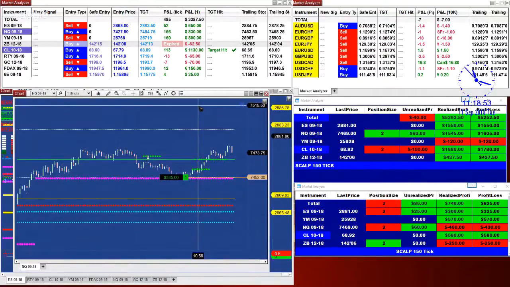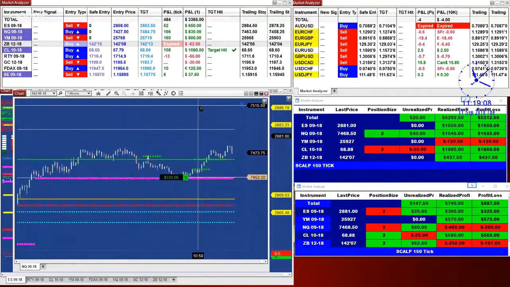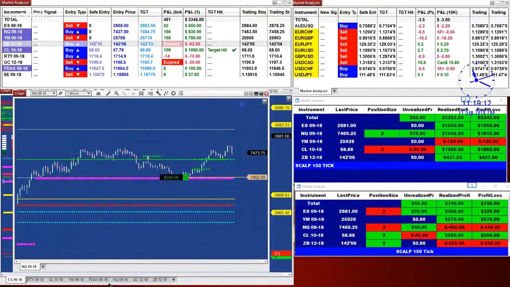I have not done anything to NT8 or installed anything on it. Could be the database has made some problem. I don't know. I'm not a programmer, but I know one thing: I cannot change the charts at the bottom, and this is not good.